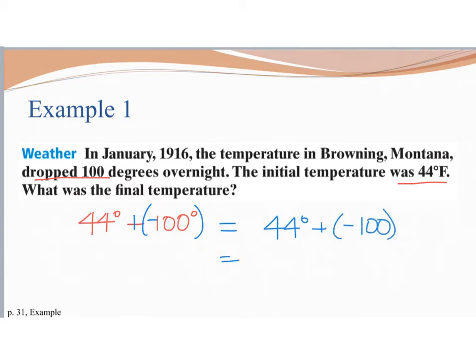And when I do that, the number 100 is greater than 44, and the sign on 100 is negative. So then I end up with 100 minus 44, which is actually going to give me 56. So I end up with a negative 56 degrees Fahrenheit is my actual overall final temperature.